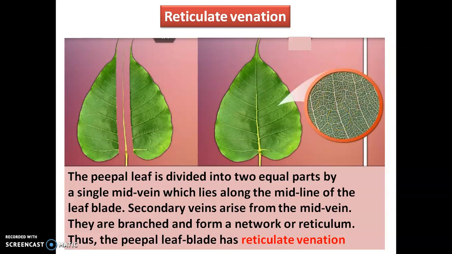Thus, the peepal leaf blade has a reticulate venation. So this is the first type of venation, called reticulate venation, where the veins form a network just like a strainer or channi. We can see this in the case of a peepal leaf.